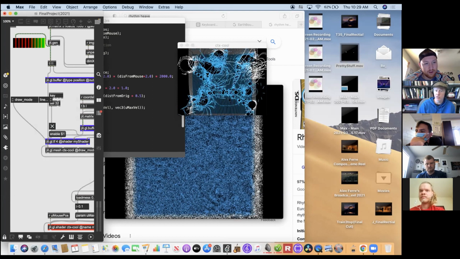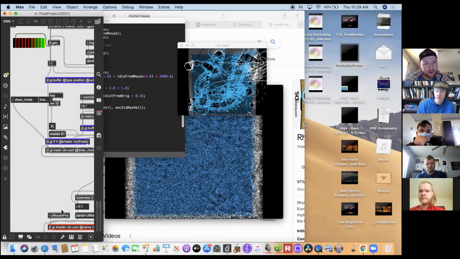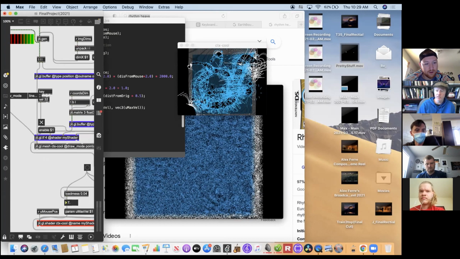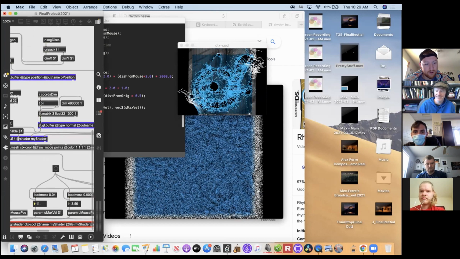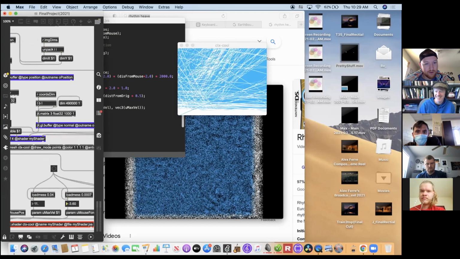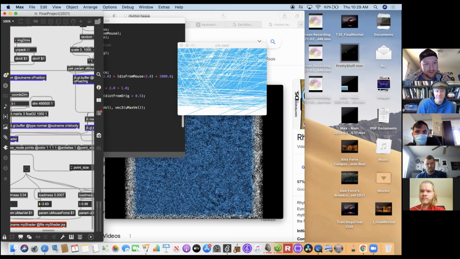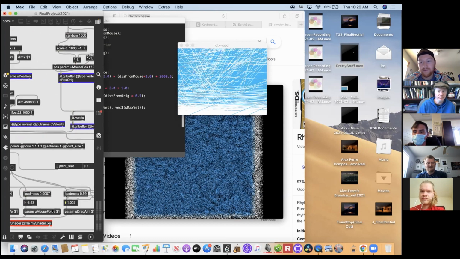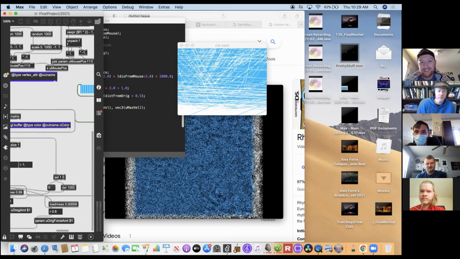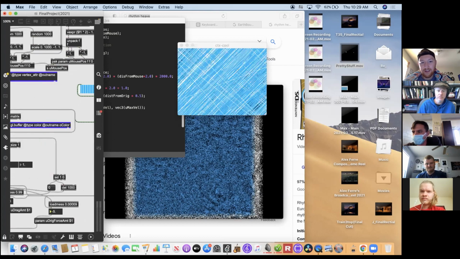I think Ryan did some work with this too. This transform. Yeah, and then I got rid of it and I made them all physical objects. Is this from the Amazing Max tutorial on the article? Part of it. Yeah, so I think it's the same one that I had done.